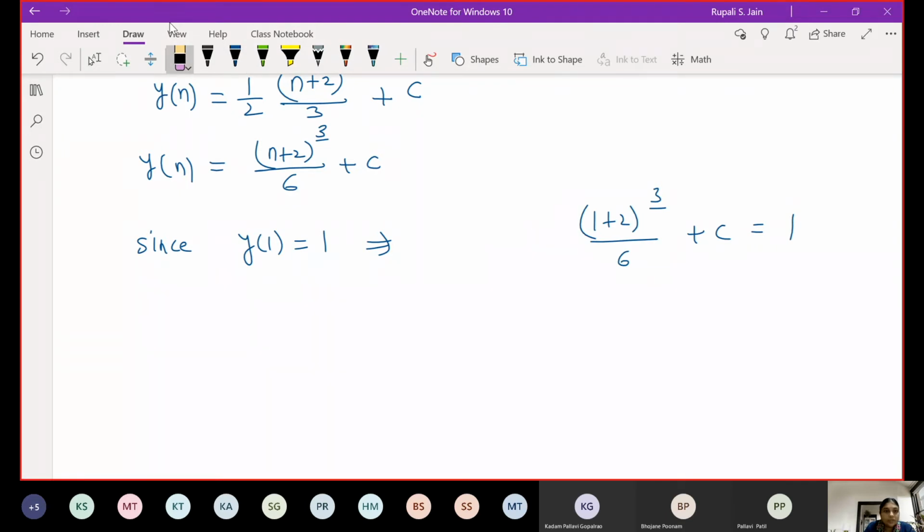So what does this imply? 3 to the 3 falling divided by 6 plus c, which is equal to 1.